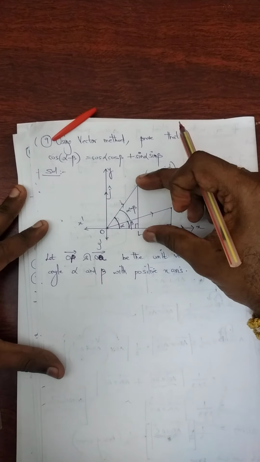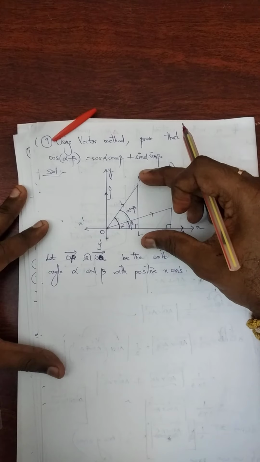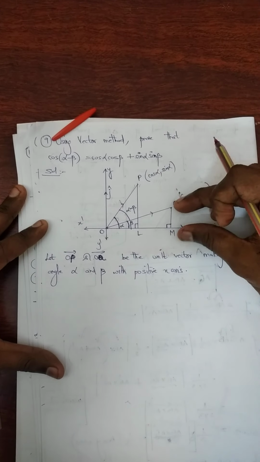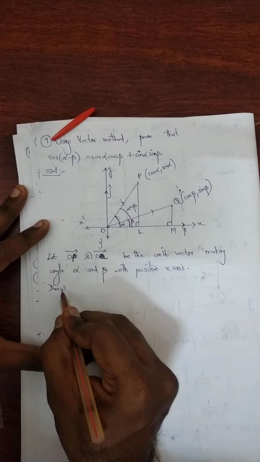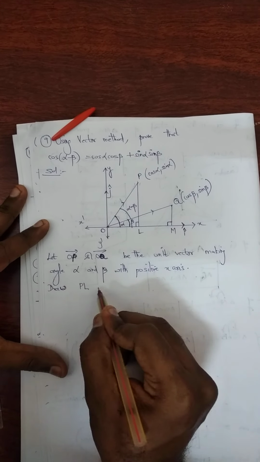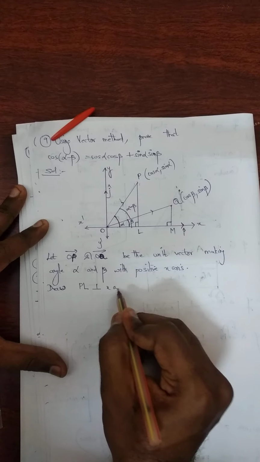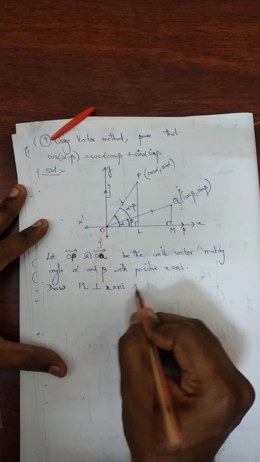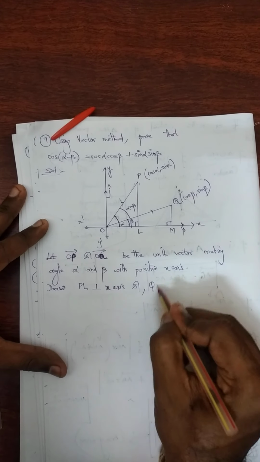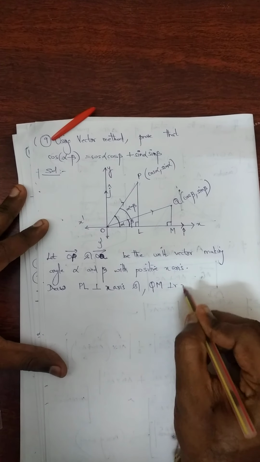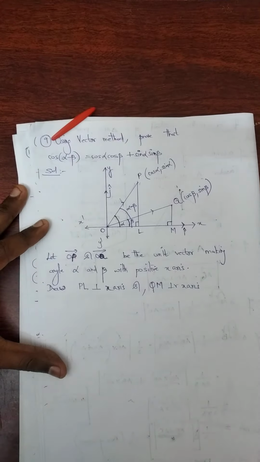After that, draw PL and QM perpendicular to the x-axis. PL is perpendicular to the x-axis and QM is perpendicular to the x-axis.